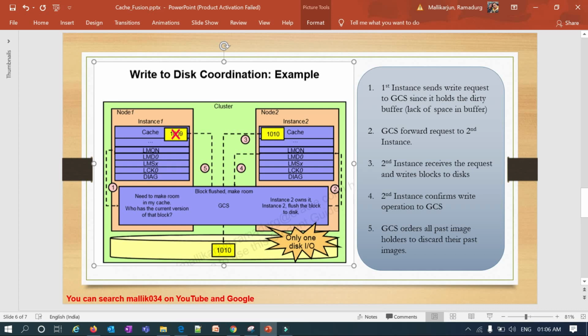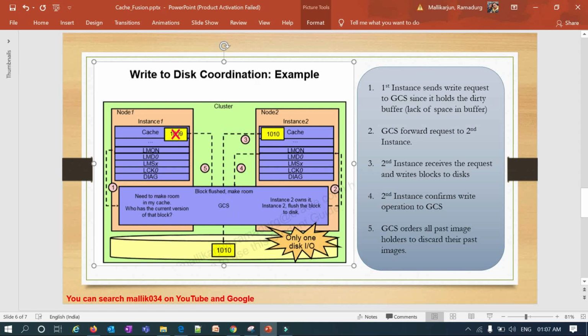Then 1010 is written to the disk, and it confirms back to the GCS that it has written the latest image of that block to the disk.